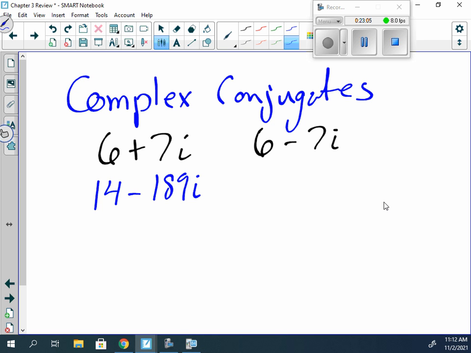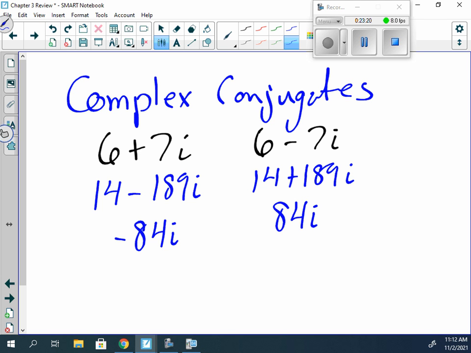Because the complex conjugate is really just changing the sign in front of the term with i.